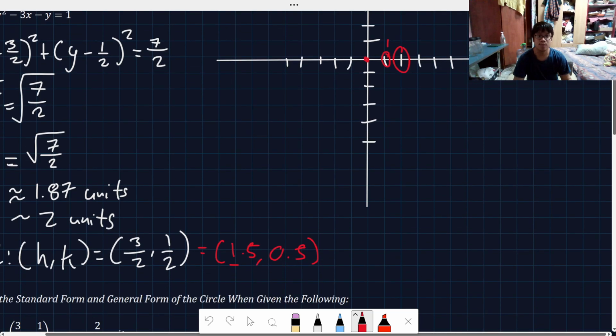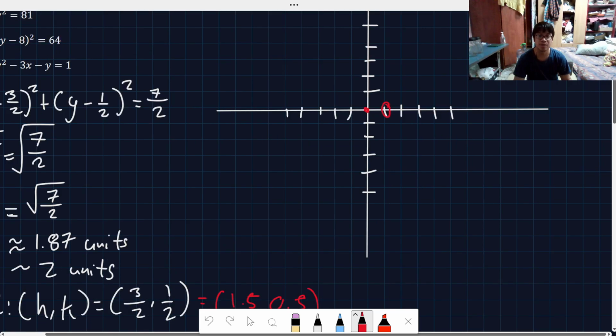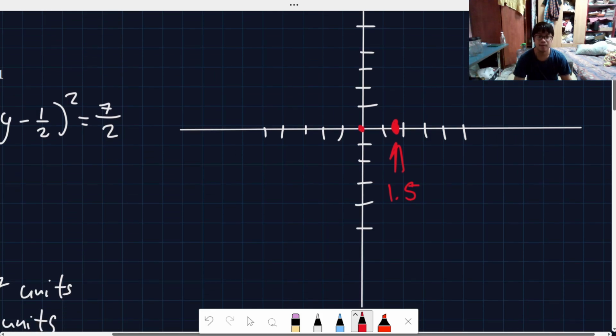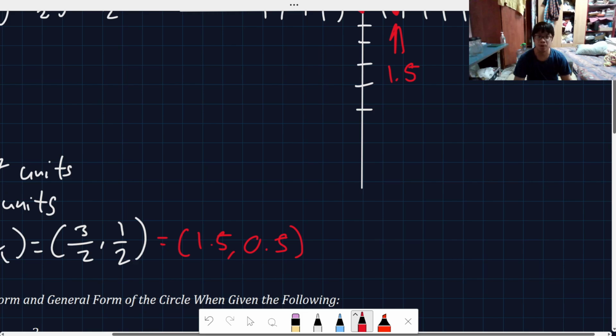But you see, 1.5 is located between 1 and 2. So that means it's basically here. This is 1.5.